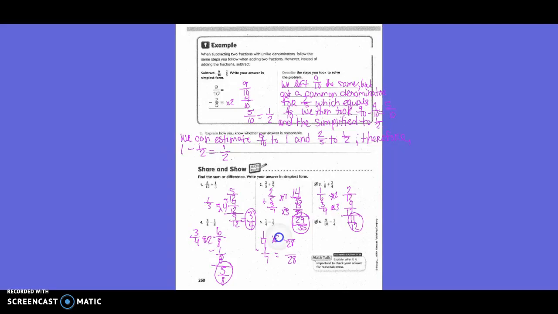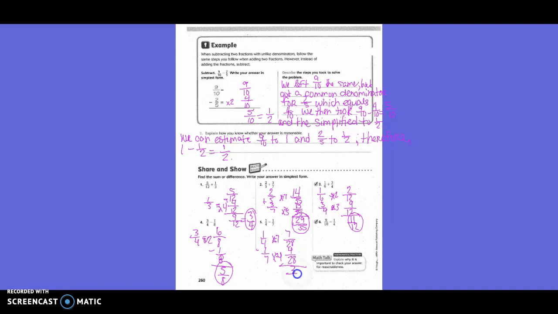Times 7. So what I do on the bottom, I also do on the top. 1 times 7 is 7. To get from 7 to 28, times 4. What I do on the bottom, I also do on the top. 1 times 4 is 4. So 7 minus 4 is 3.